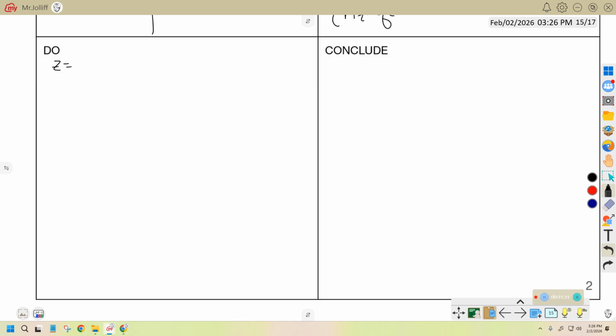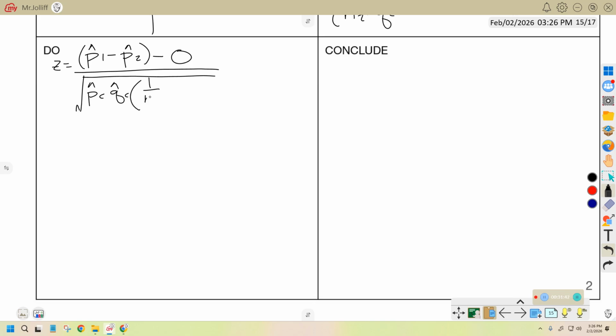We write the formula first. P hat 1 minus P hat 2 minus 0, because we're assuming that P1 minus P2 is 0, over square root P hat C, Q hat C, 1 over N1 plus 1 over N2.